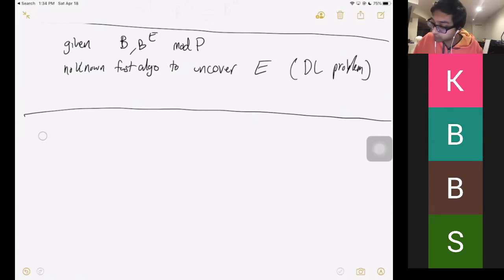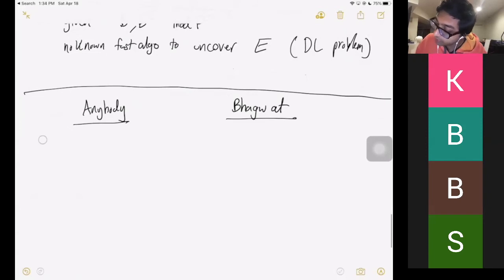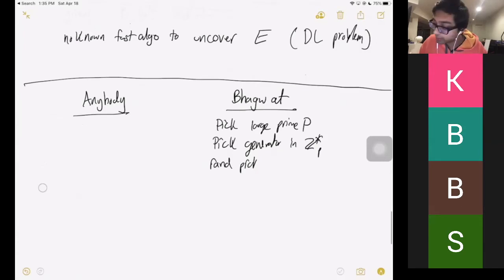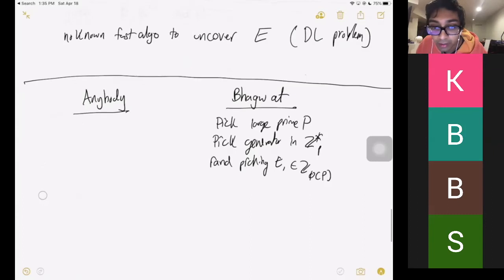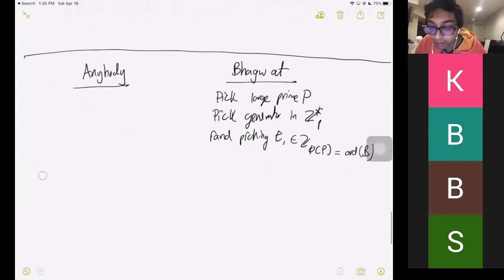Bhagwat starts the scheme by picking a large prime P, picking a generator B in Z star P, and randomly picking E1 in Z phi of P. Recall that phi of P is the order of B since B is a generator. Then he computes B to the E1 mod P, and sends out P, B, B to the E1.